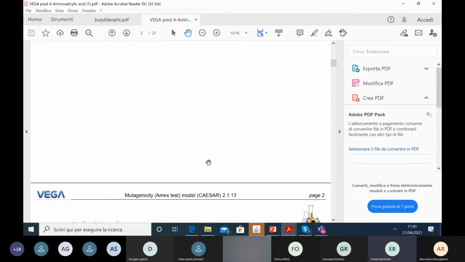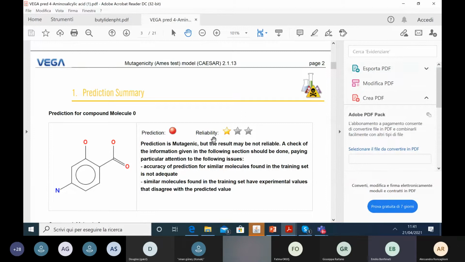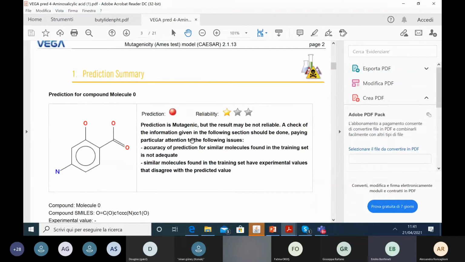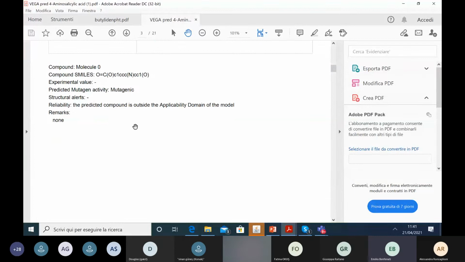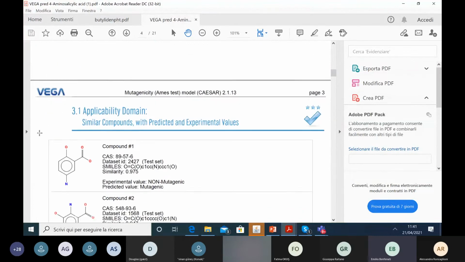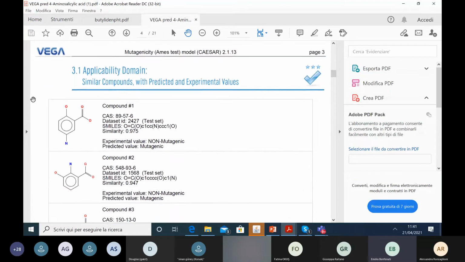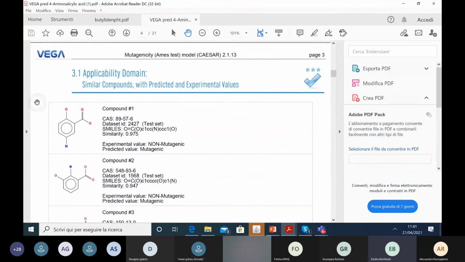So very, very similar situation. This is CAESAR stating, oh, this to me may be toxic. I have no structural alert. So this is based on the statistical model.